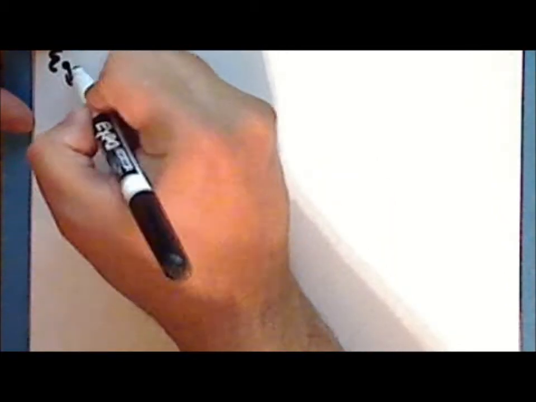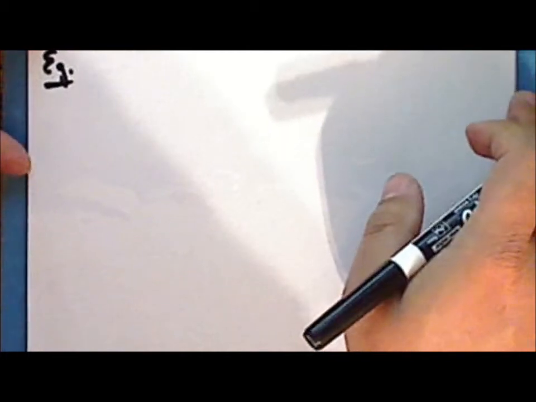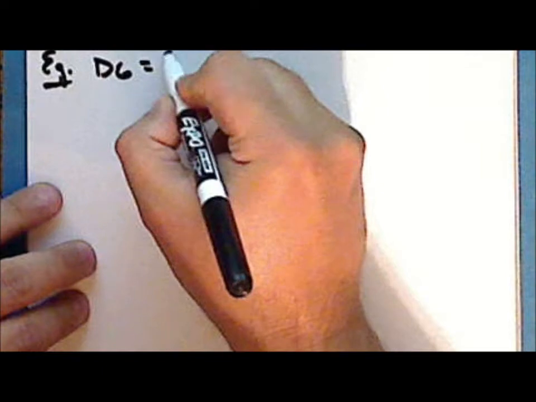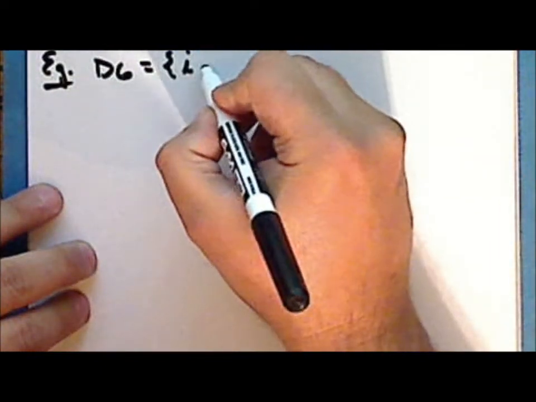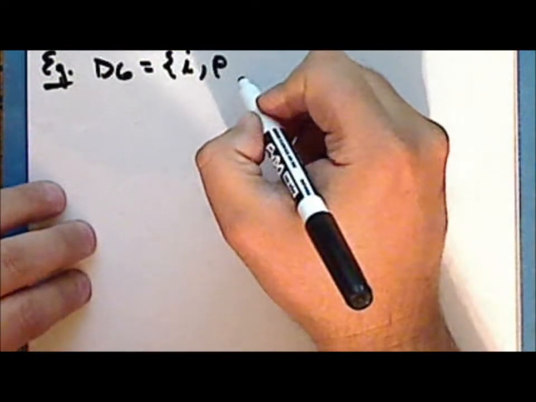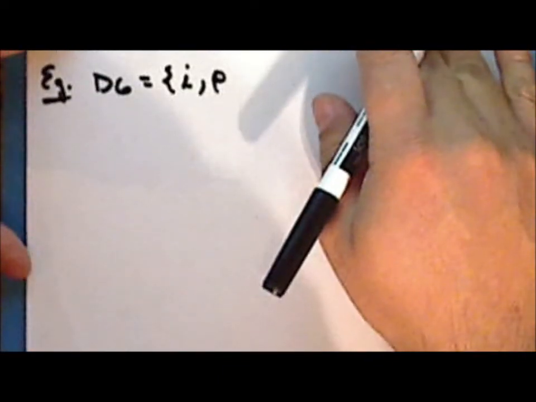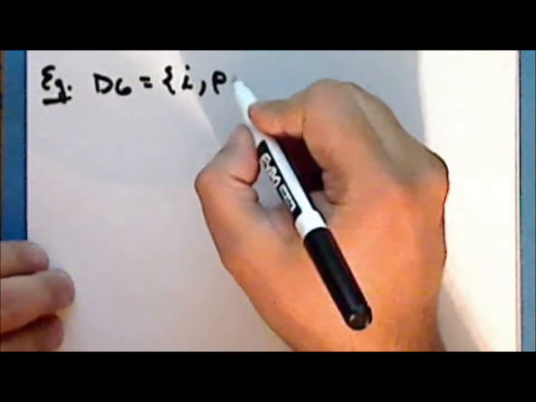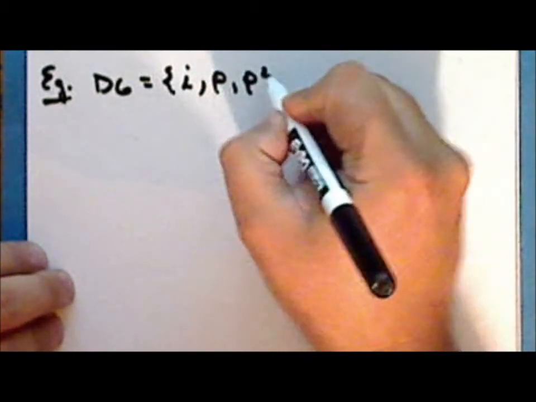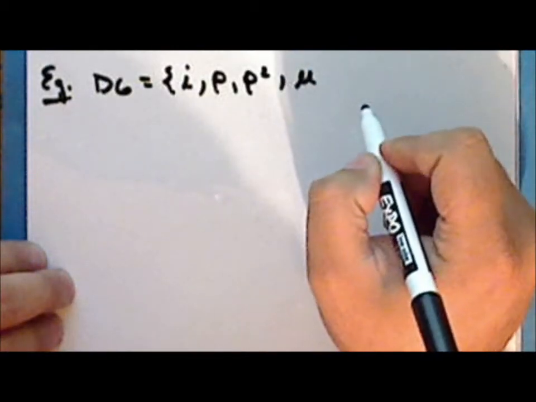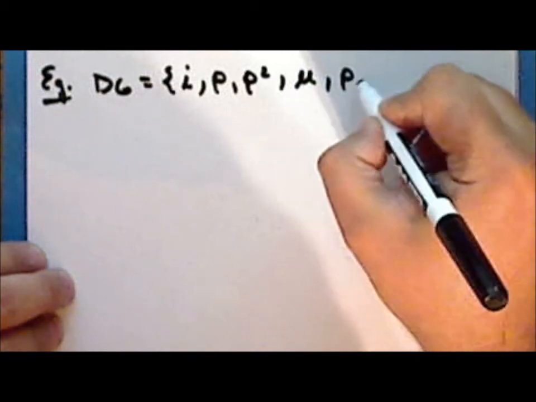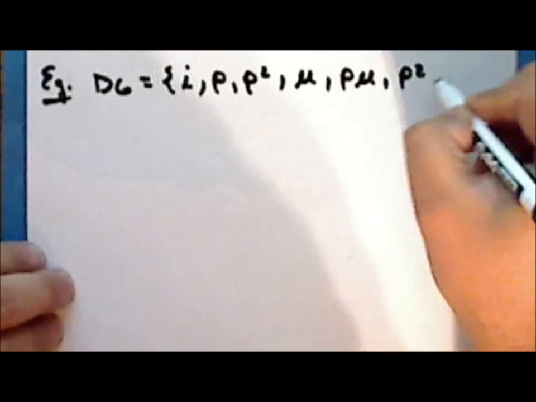So let's look at the algebraic structures for the dihedral group of order 6 and the symmetric group on 3 letters. The dihedral group of order 6 has 6 elements: the identity, the element rho, which is a rotation counterclockwise by 120 degrees about the perpendicular axis through the center of the triangle, rho squared, mu, which is the reflection about the line through the center of the triangle and the first vertex, rho times mu, and rho squared times mu.